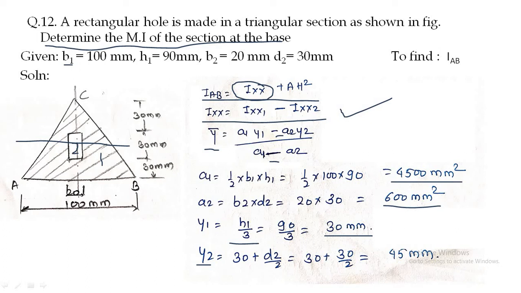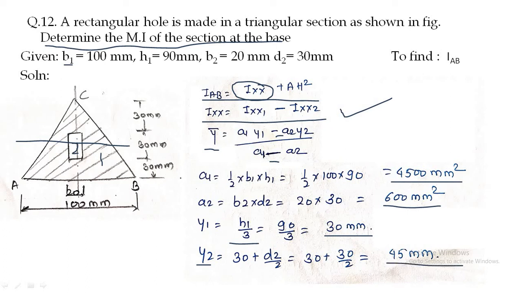And the base of this rectangle is at 30 mm from the base of the whole figure. So we take y2 equal to 30 plus d2 by 2, because the base of the rectangle is at a distance of 30 mm from the base of our whole plane. So we get y2 as 45 mm.